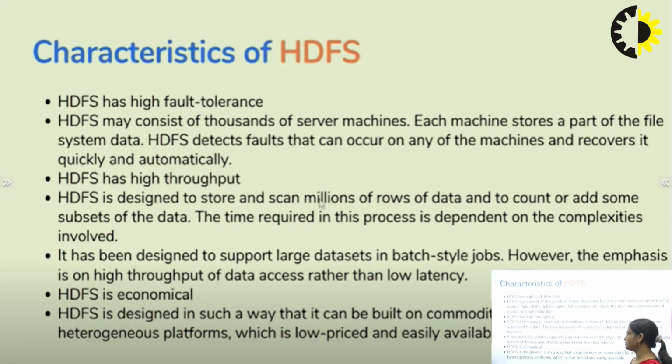However, the emphasis is on high throughput of data access rather than low latency. HDFS is also economical because of low commodity hardware. It is designed in such a way that it can be built on low commodity hardware and heterogeneous platforms, which are low priced and easily available. So that is why it is economical.